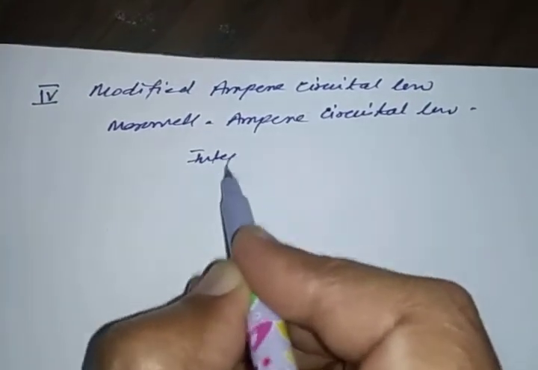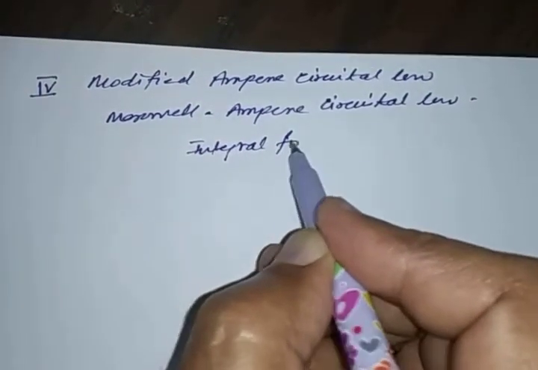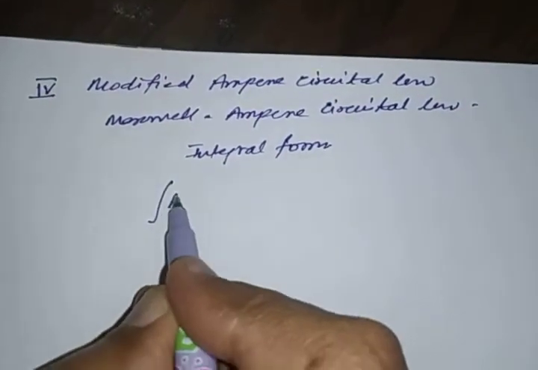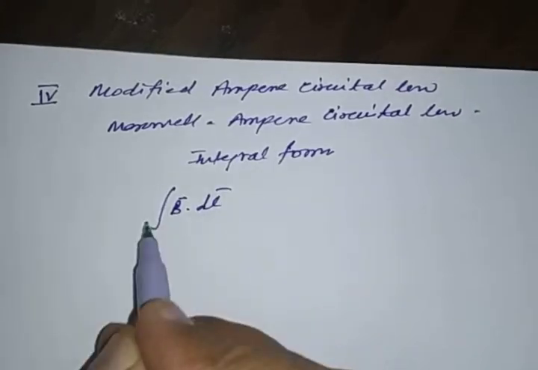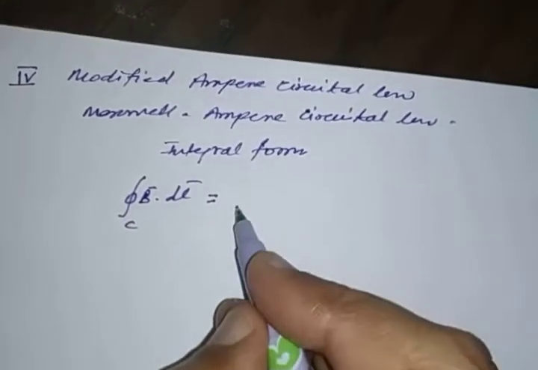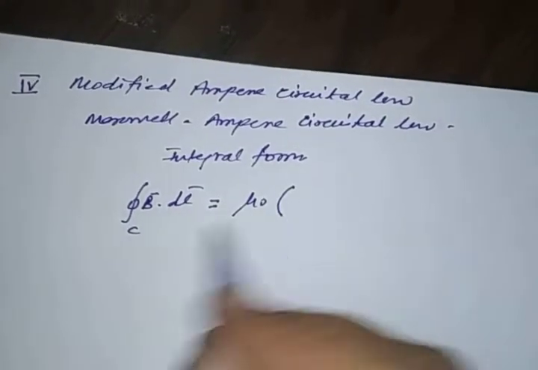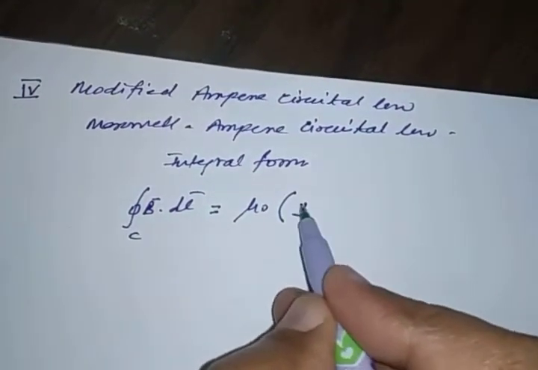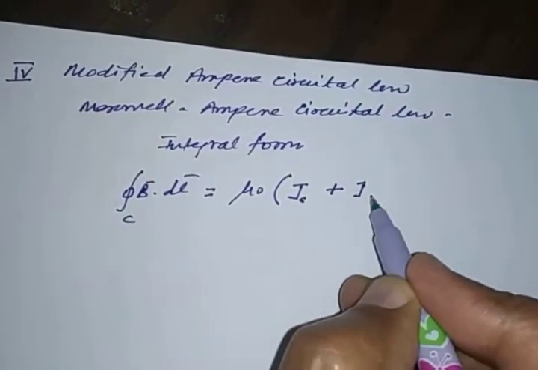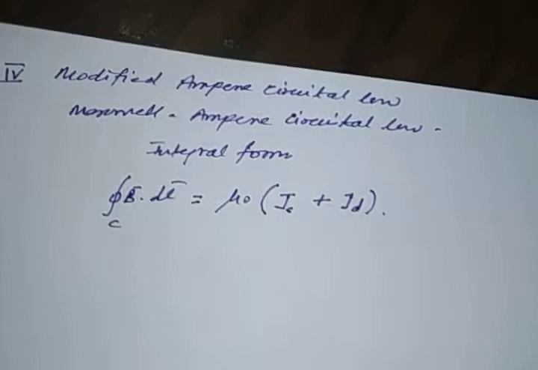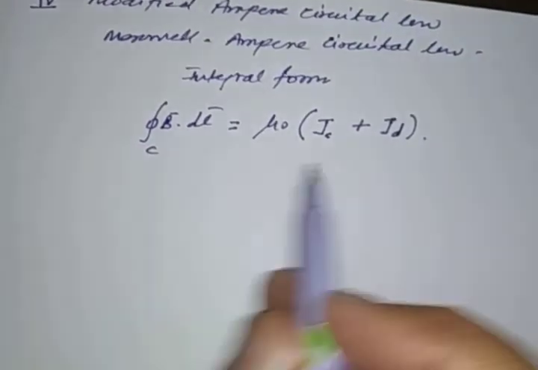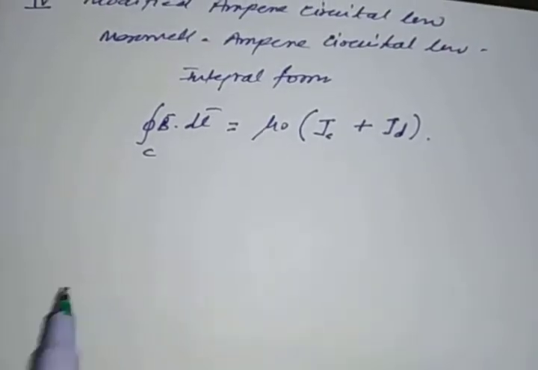The integral form of that is the line integral of the magnetic field around an enclosed curve is equal to mu naught times the conduction current density and displacement current density. Now over here we need to clarify the value of this displacement current density.